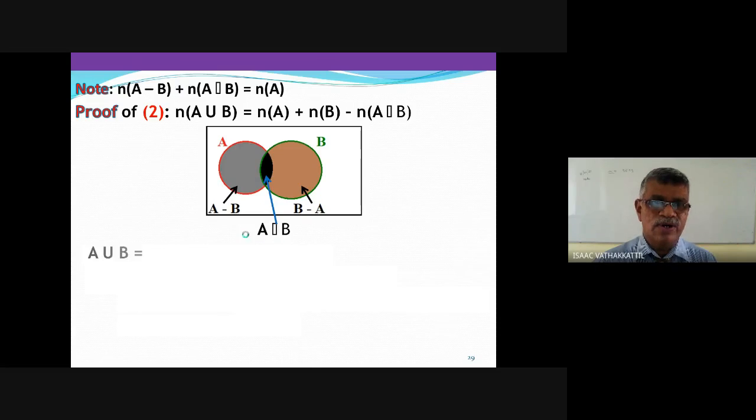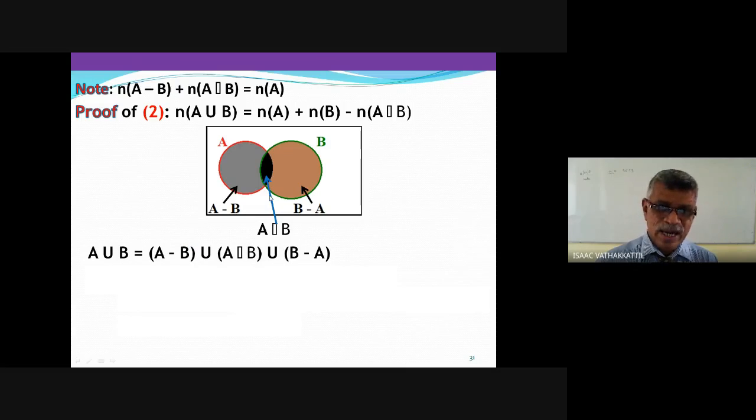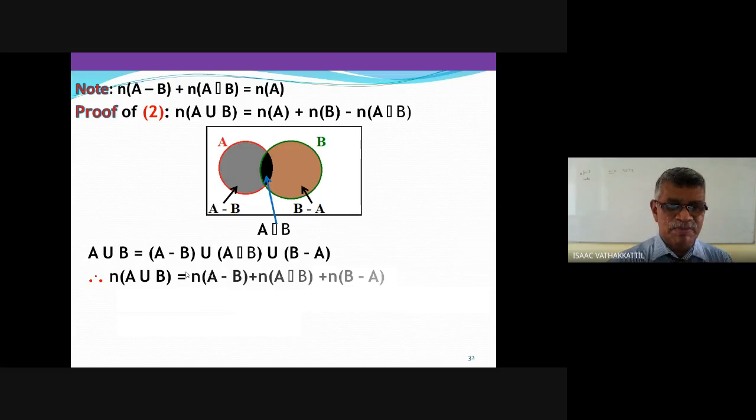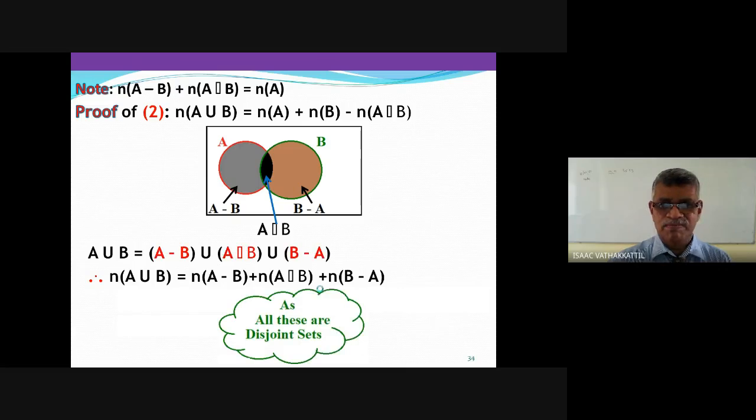When we go for A union B, I can write it as A minus B union A intersection B union B minus A. These three are disjoint, and number of A union B will be, as they are disjoint, and that can be applied for any number of sets, number of A minus B plus number of A intersection B plus number of B minus A, right?